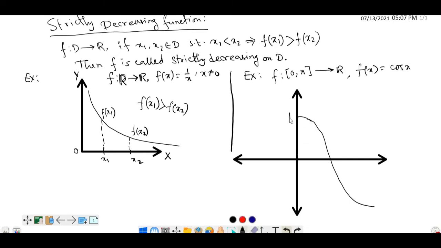Here, this point is 1 because cos 0 is 1, and this point here is -1 because it is obtained at pi. So this depth is -1, and this point here is pi.